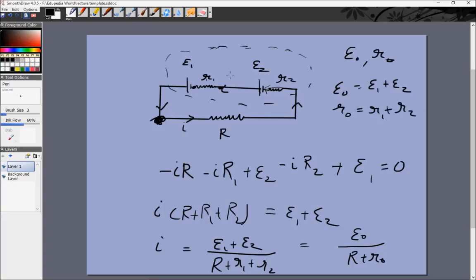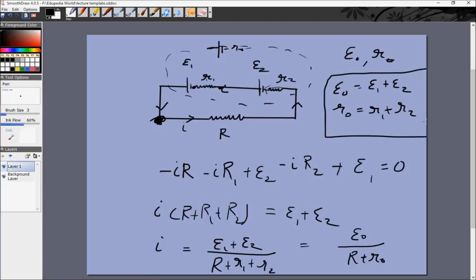Now keep in mind, if we just had a single battery of EMF E0 and resistance R0, then the equation would be minus IR minus IR0 plus E0 is equal to 0, or the current will be E0 by R plus R0. And since E0 is equal to E1 plus E2 and R0 is equal to R1 plus R2, these are the equivalent EMFs and resistance for batteries in series.